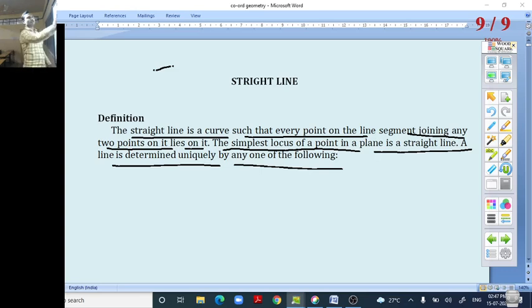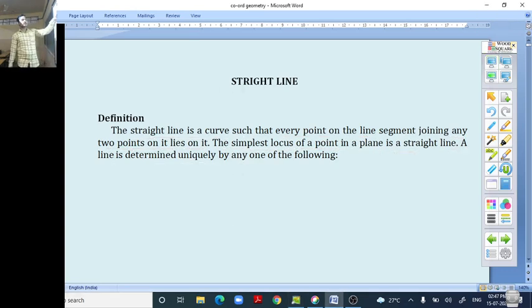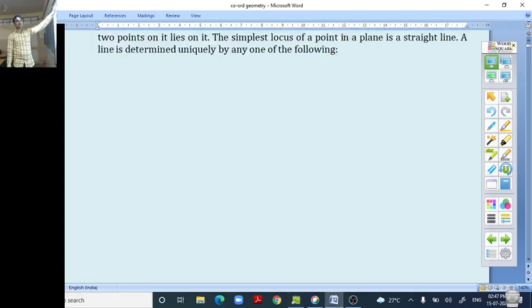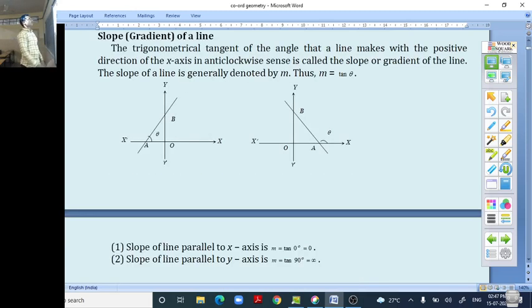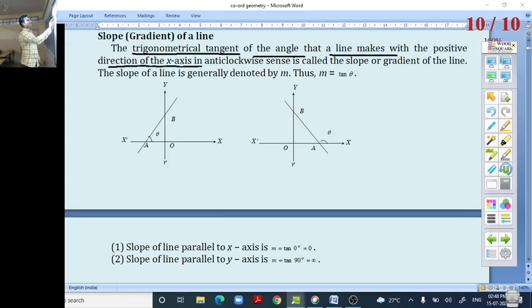What are those following? So let us understand the general form of the straight lines. Okay, so basically, what is the slope? Slope is the trigonometrical tangent of the angle that the line makes with the positive direction of the x-axis. Look at this.